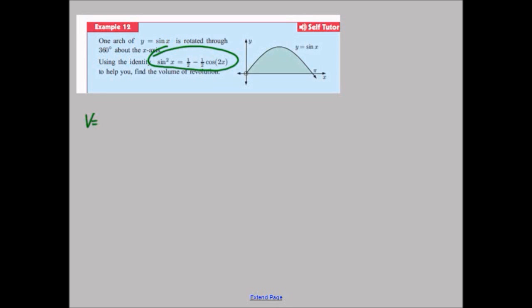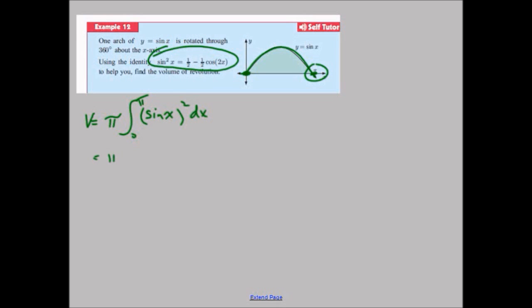So volume is pi times the integral. This one arch is half of a period, so it only brings us as far as pi, so from 0 to pi of sine x, and that's squared, dx.